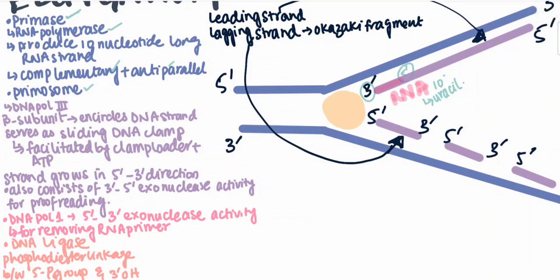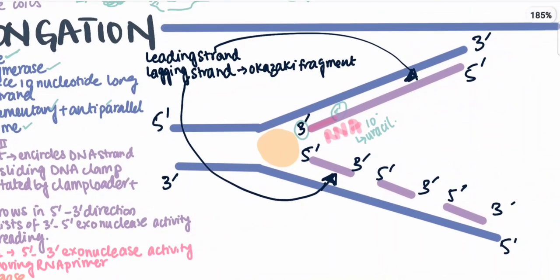We're now going to talk about leading and lagging strands. So the leading strand is okay. Its life is set. The leading strand is going to go on and on and on. But the problem is the lagging strand. It is 3' to 5'. So the stuff that is going to work is the 5' to 3', short segments are going to get produced.